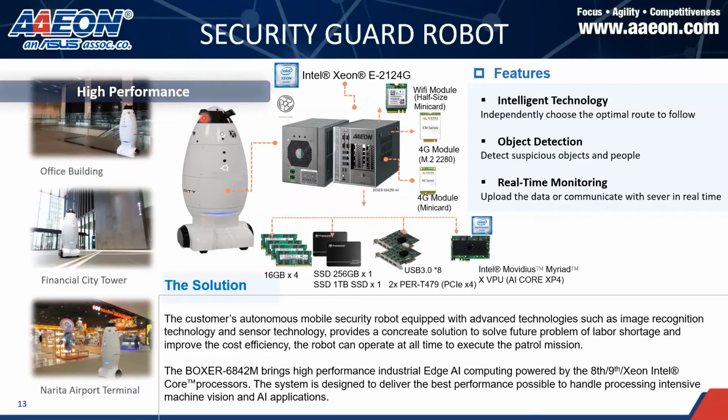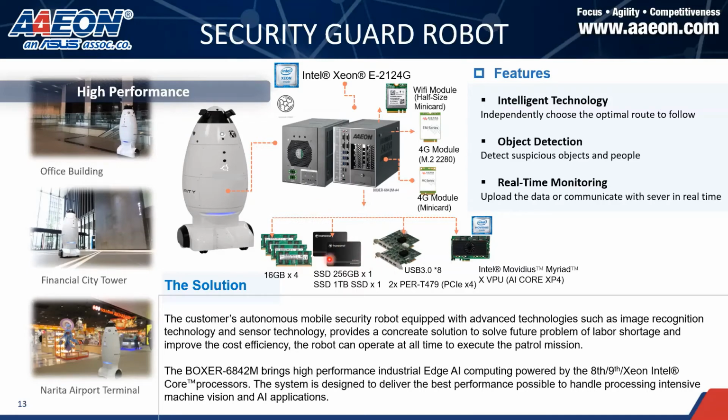When these security robots are equipped with our 6842N, the reason they chose this one is that it's pretty compact, so they can install it in the robots. It's compact, but it comes with great expansion. Our customer uses 64 gigabytes of memory, and they utilize our 2.5 SSDs, one with 256 gigabytes, the other with 1 TB.